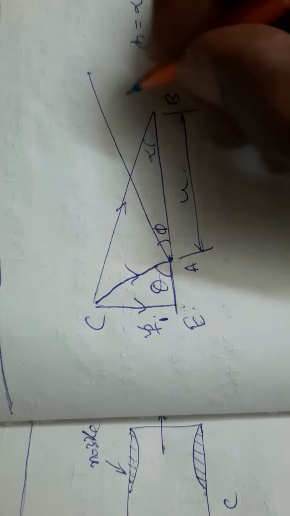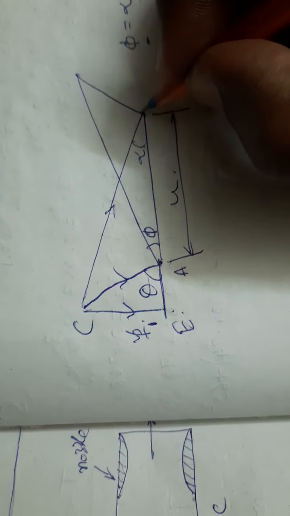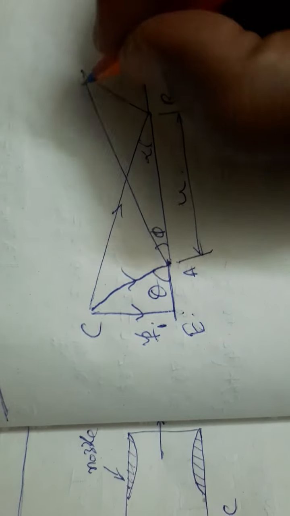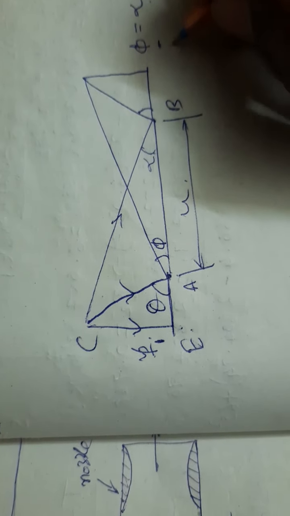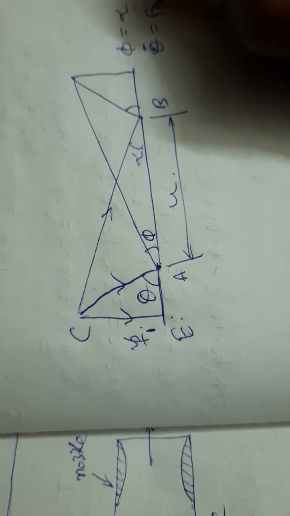Then join BD, and here theta is equal to beta.